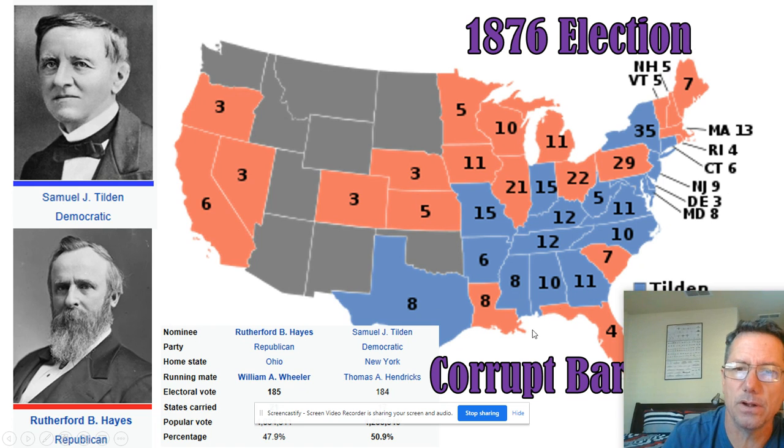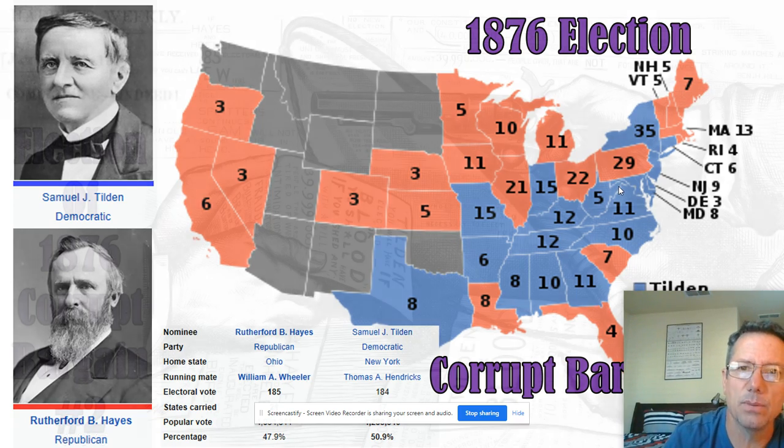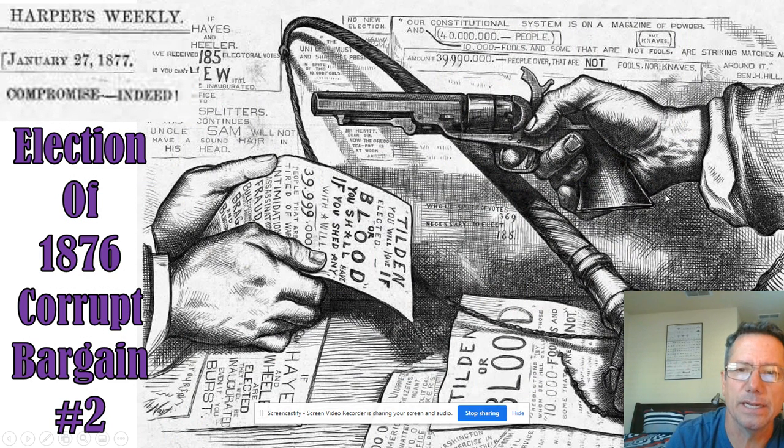He gets the votes of all southern states, except 3 of those southern states, South Carolina, Florida, and Louisiana, which are still technically connected and controlled by the government of radical rule. And so, in essence, they recount, and we end up having a 185 win by Rutherford B. Hayes. But all hell breaks loose when that actually gets into the United States government.